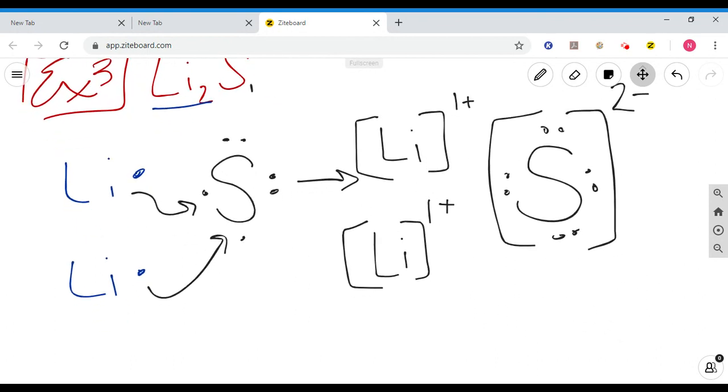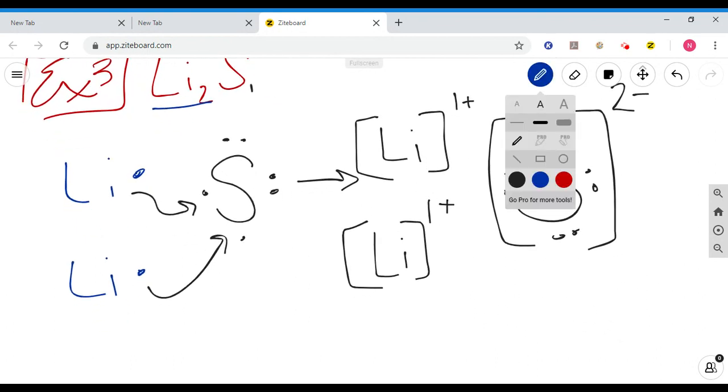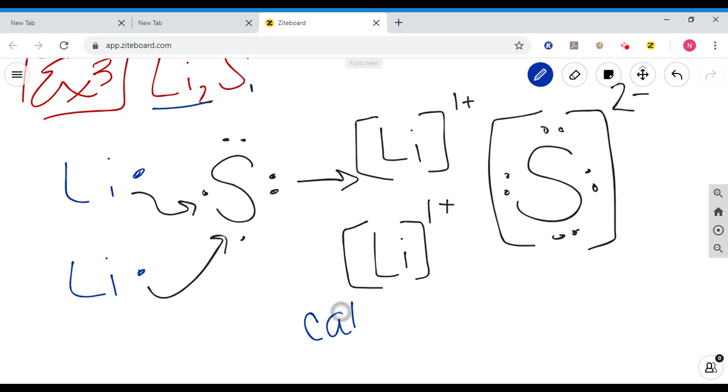All right, if you were to kind of talk about this, remember these guys are your cations. All right, the cations have a positive charge. Cations donate their valence electrons. Okay?